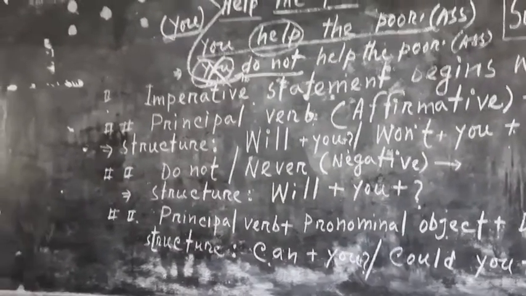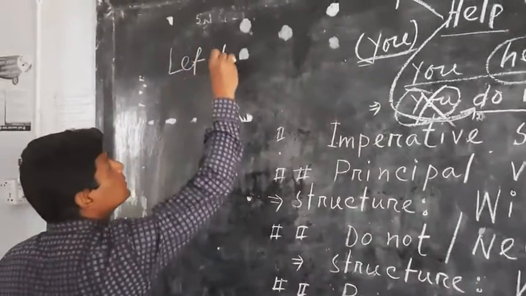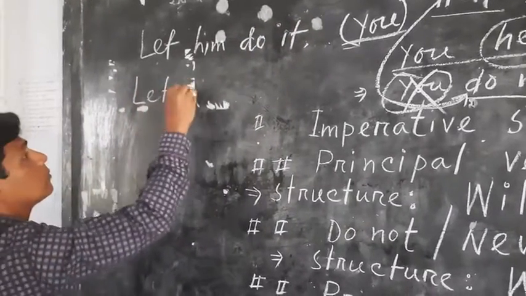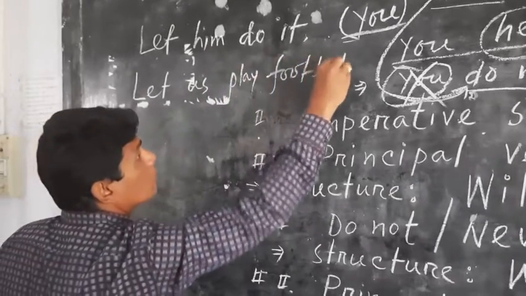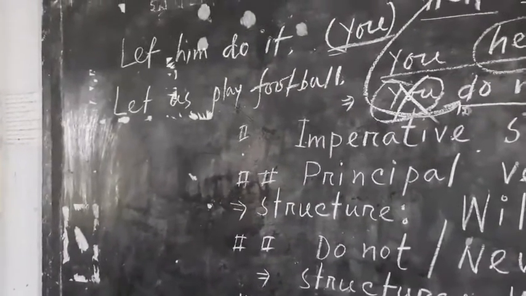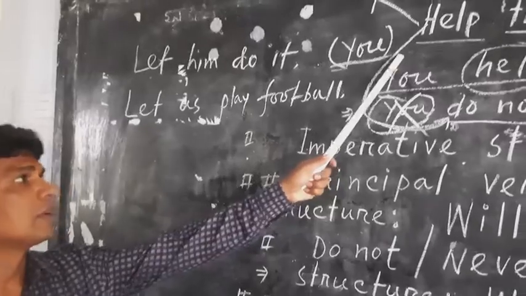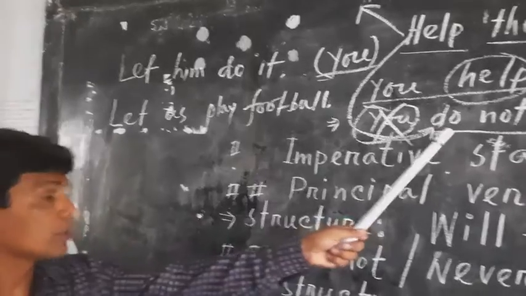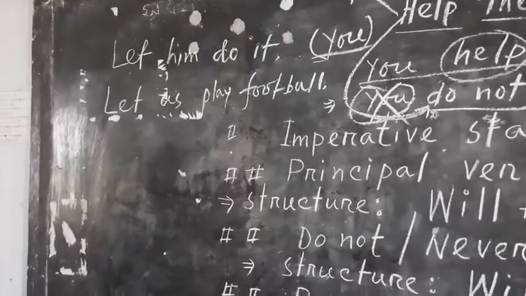Sometimes the imperative sentence also begins with let. So you can easily identify an imperative sentence by observing principal verb at the outset of a sentence, do not at the outset of a sentence, and let at the outset of a sentence.